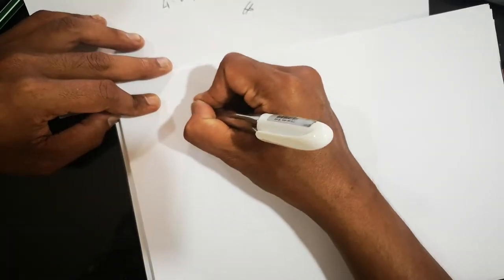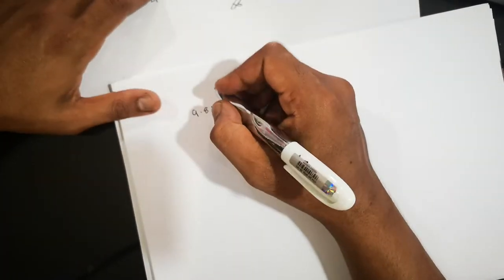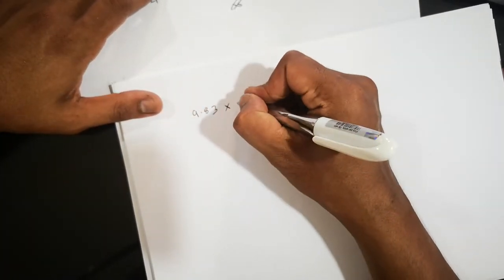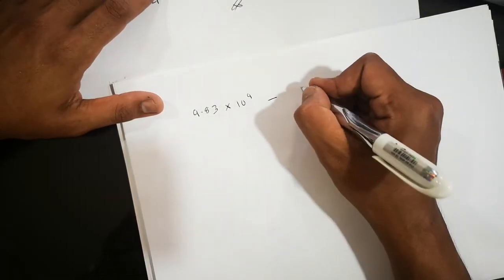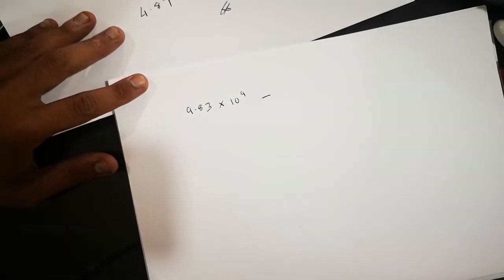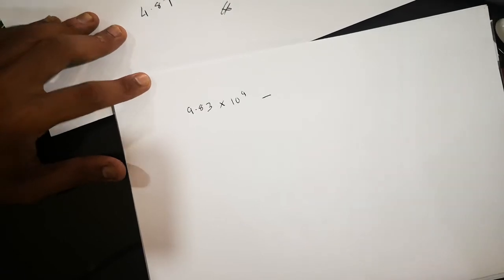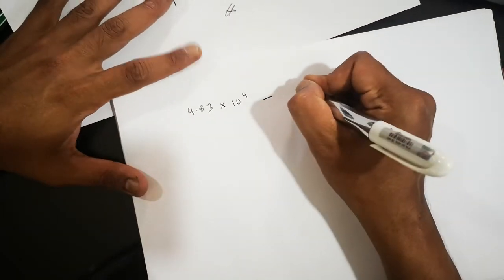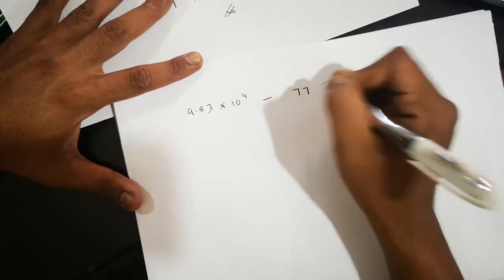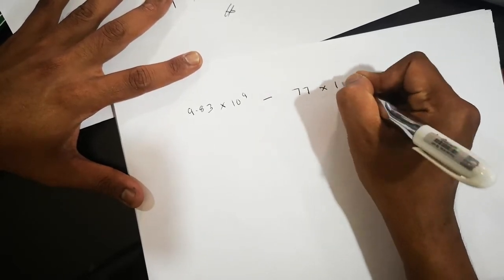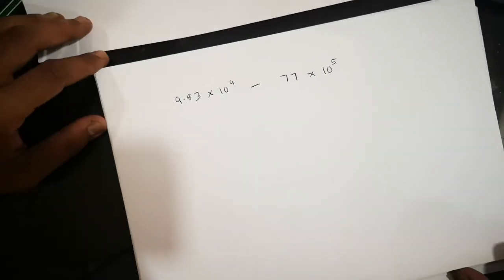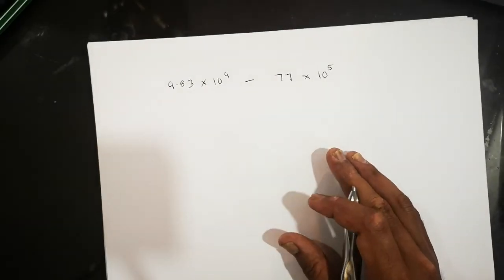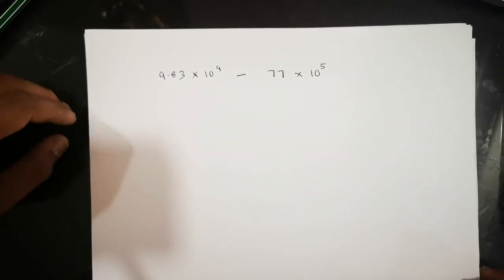How about I take 9.83 multiplied by 10 to the power of 9, minus, hold on, how do I think of a number? 77 times 10 to the power of 5. Okay, that looks complicated, right? If it looks complicated, means it's good. It's a more challenging question.